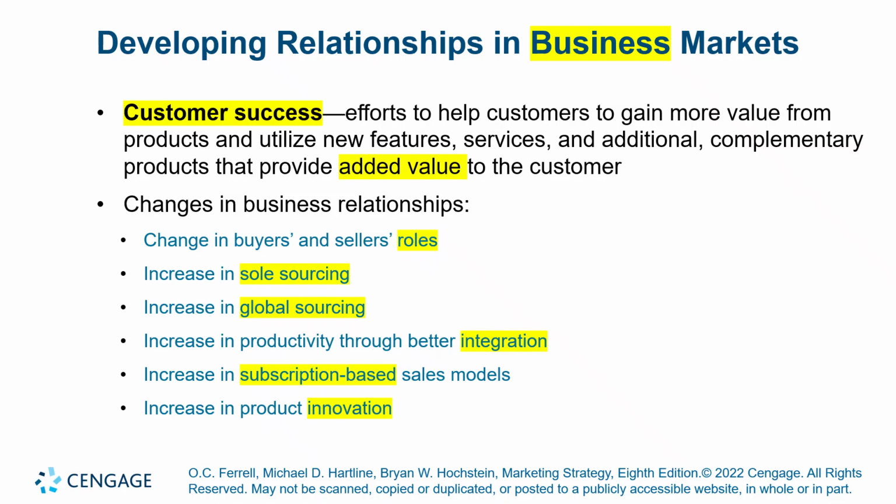There is an increase in productivity through better integration into their supply chain or manufacturing process. There's also an increase in subscription-based sales models, and an increase in product innovation. All these affect business marketing and the relationships in business markets.